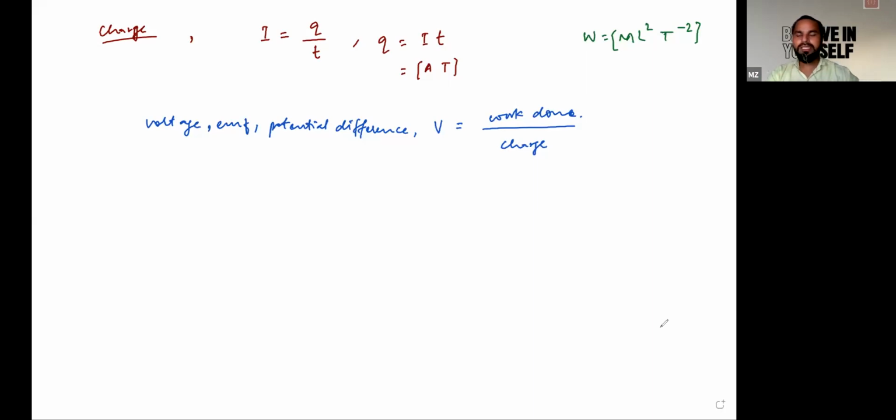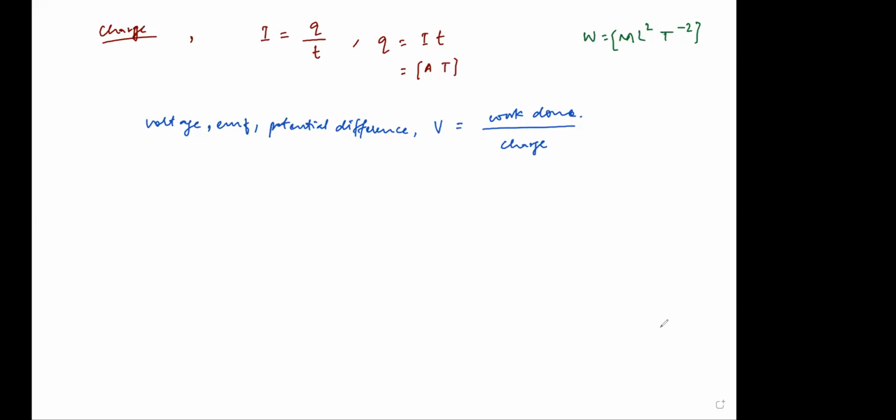Kezia, any doubt from the last class? Do you have any doubt from the last class? No, sir. Okay. But I will be leaving the class at 5 o'clock. Why so?